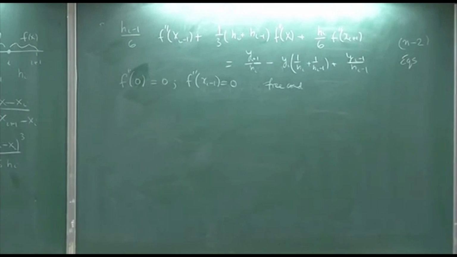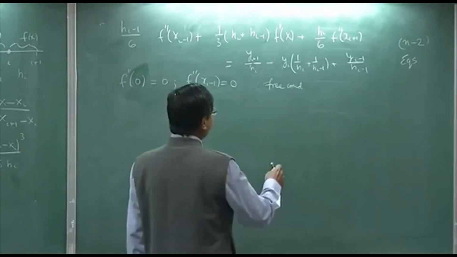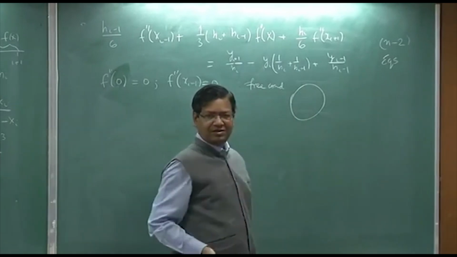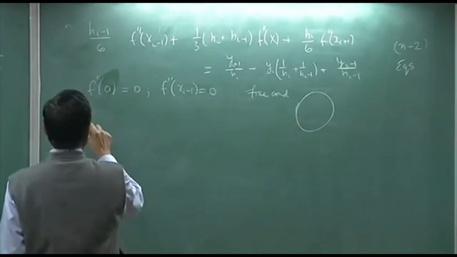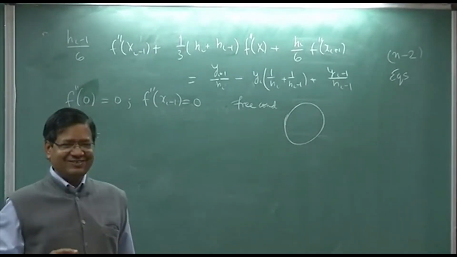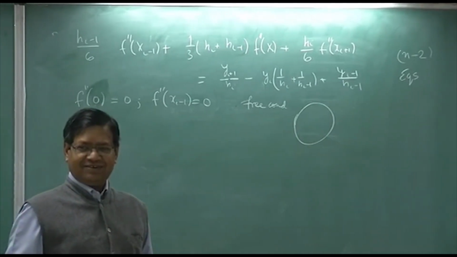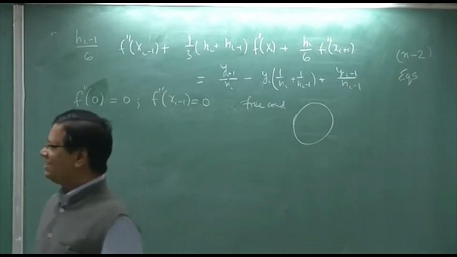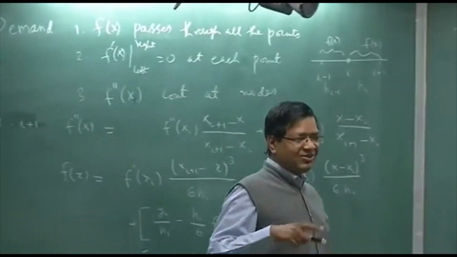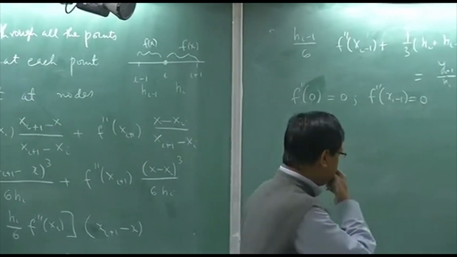There are some other conditions. One is the periodic boundary condition. Periodic means it goes in a circle. Well, this is slightly tricky. This is for the double derivative, not for the function. Of course, for the function we demand that y_0 is the same as y_n; that is continuity for periodic.